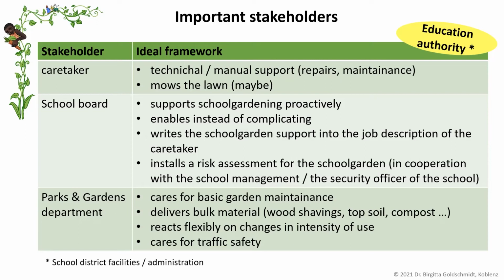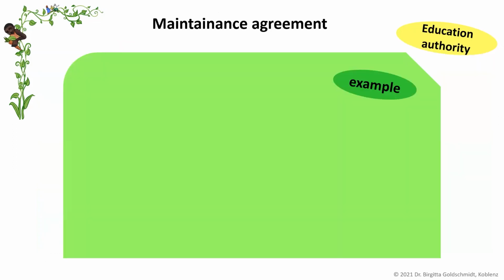And of course, it must care for the traffic safety. You cannot do that as a school gardener yourself. This is, of course, something that the garden department has to do.